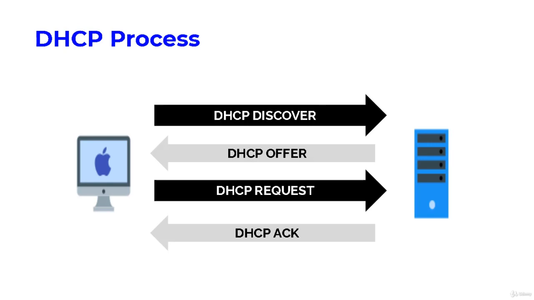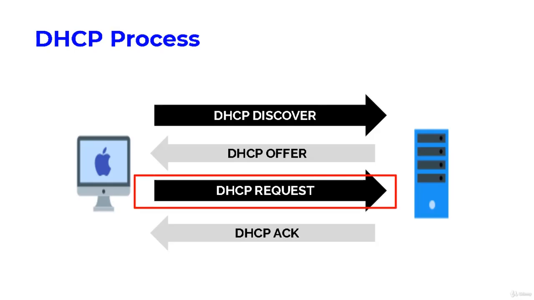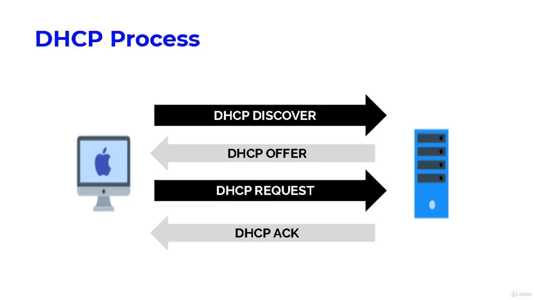Now the node has to reply if it is okay with using the IP given by the server. Therefore, it shouts back at everyone with a DHCP request message saying, "Okay, cool, I am okay with using the IP for 4 hours." Note that the node has only replied back that it is okay with using this IP, but it hasn't yet started using it.